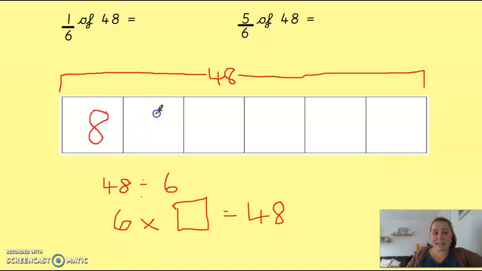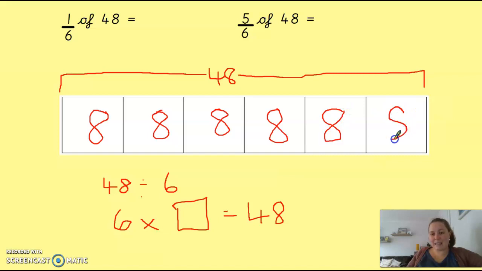Now, I can fill in each box as 8 because they're equal. Dividing splits things into equal parts. So I've got 6 8s. So now if I want to answer my questions, I've got 1/6 of 48. So I just need one box. 1/6 of 48 will be 8.